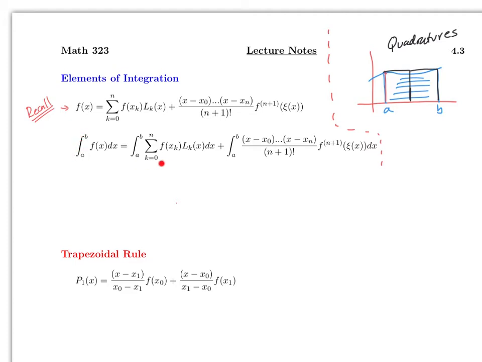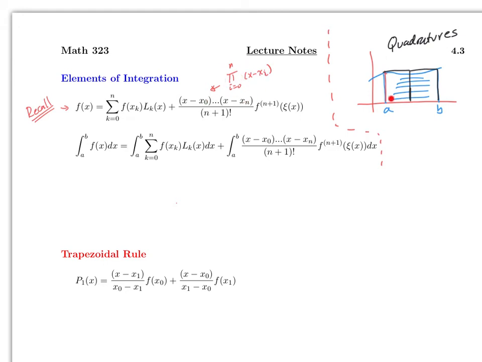So in theory this will be the approximation to the integral, where this will be the truncation error. Now, just for notational purposes, notice that this can be written this way. So this is the product from i equals 0 to n of x minus x_i. This is the exact same thing.